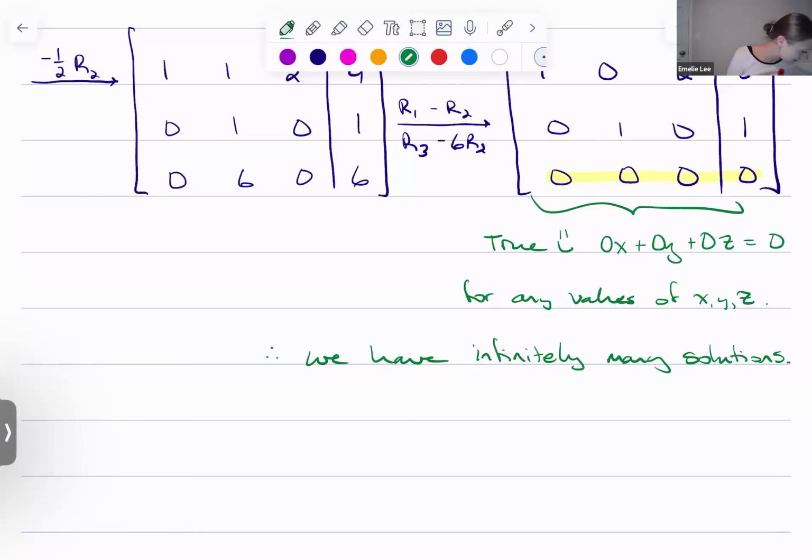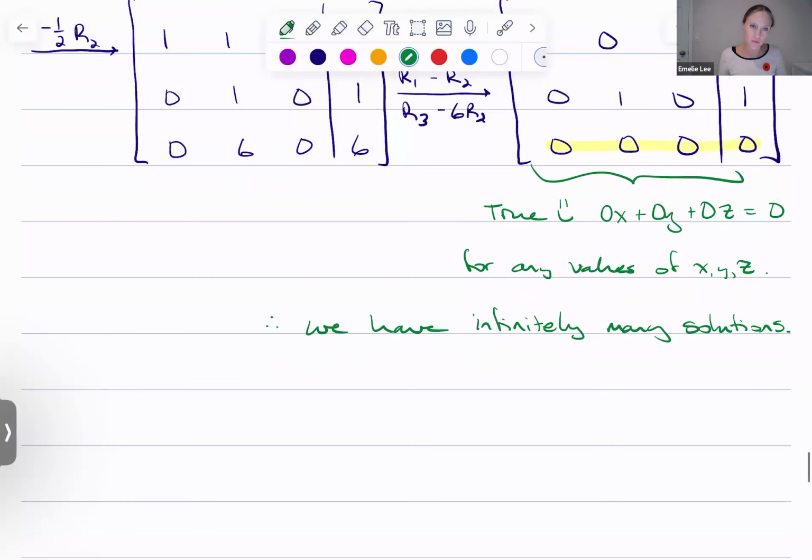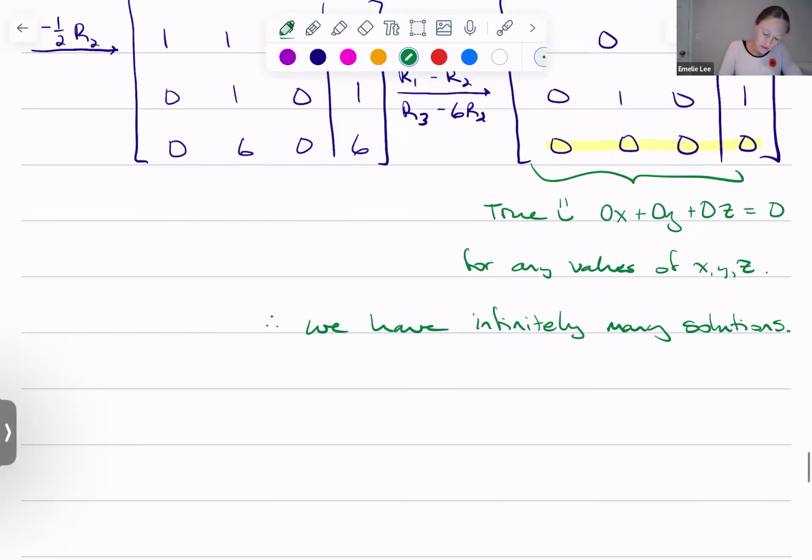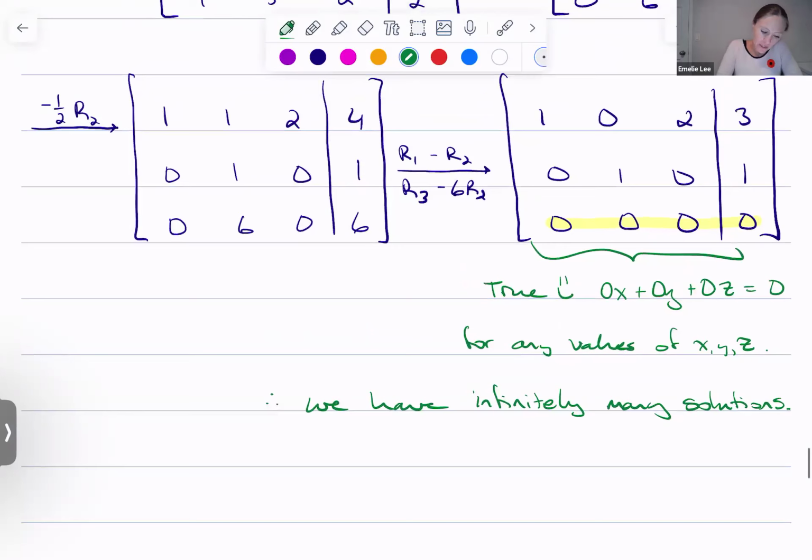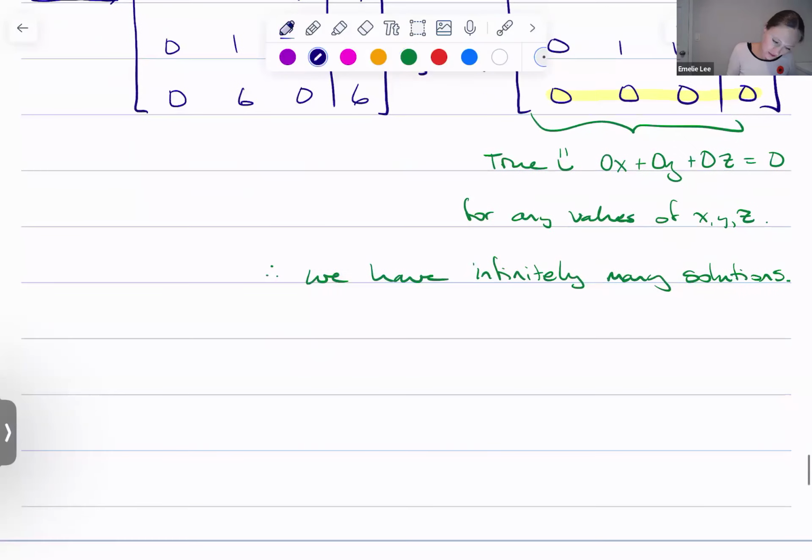In fact, they don't have a nice summary there. So the infinitely many solutions are going to look like this.